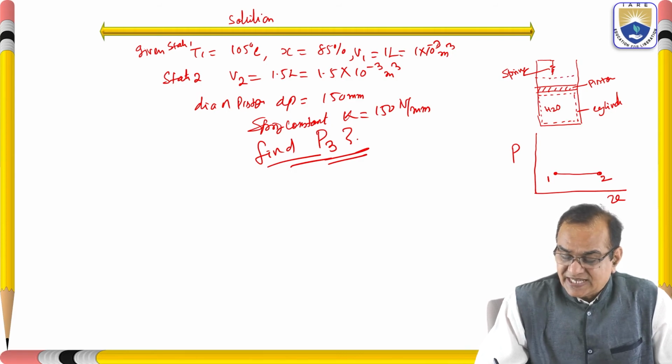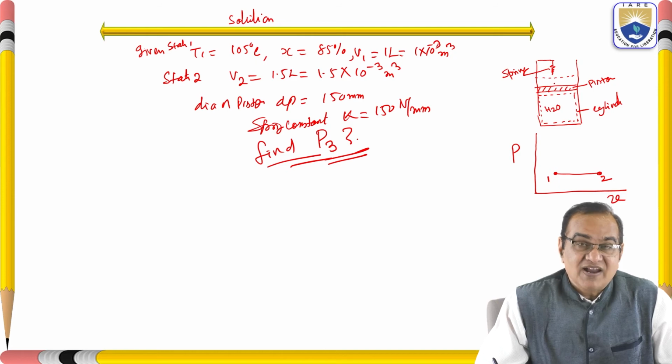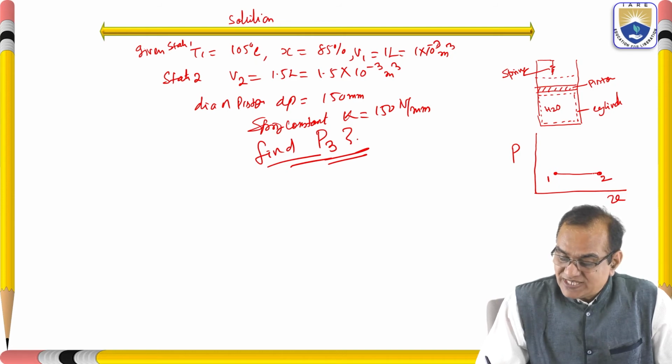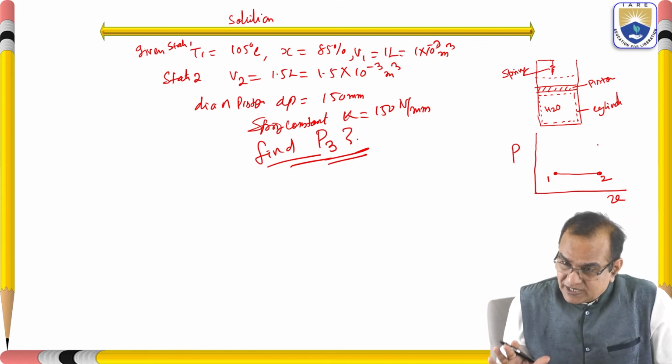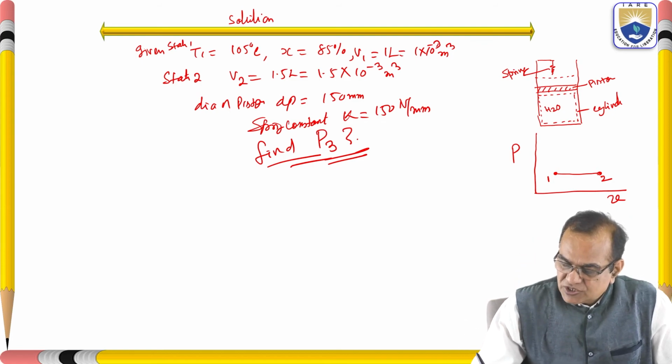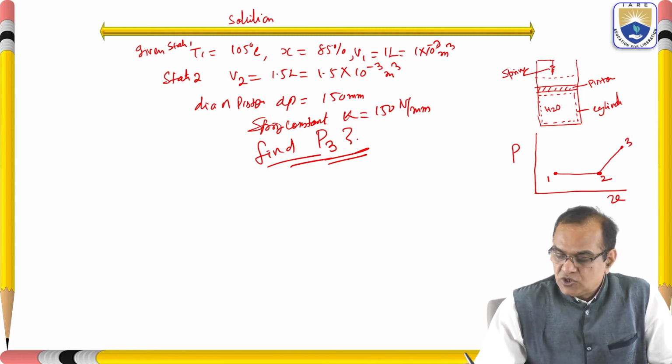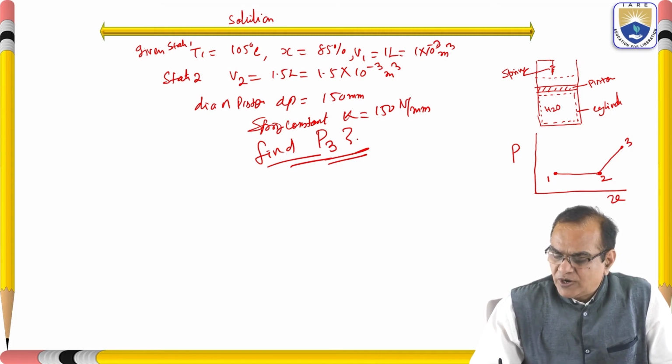As it is touching the spring, your pressure will not be constant because it is a quasi-equilibrium process. From 1 to 2 it will be okay, but as it is touching, the spring will push and the pressure will go upward. So this is your state 3. 1 to 2 is a constant pressure process, and 2 to 3 is not constant pressure.